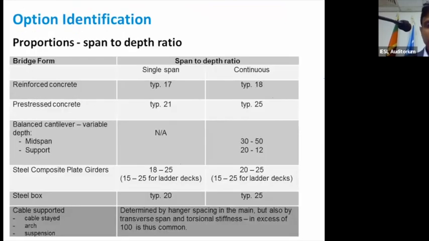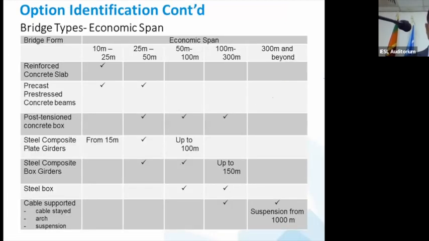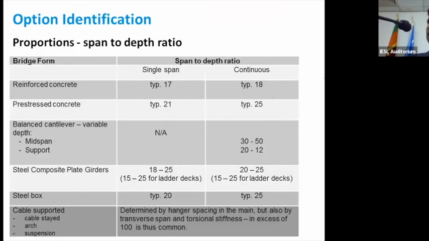And there's another one I would go neck to neck with, which is the span to depth ratio. For example, with reinforced concrete, a typical span to depth ratio is 17. Now, let's say the span is 25, right? Then you will be able to work out the depth you need for that particular span.